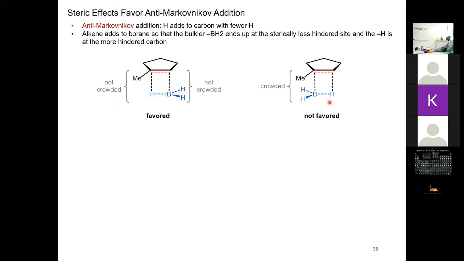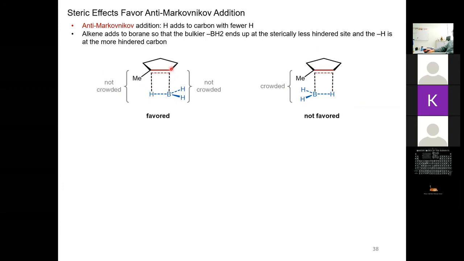If the boron is on the same side as the methyl, two big groups are on the same side, and this is really crowded, but this is not. Because of this concerted mechanism, and because the methyl needs to be far away from the borane to avoid the crowded situation, the B will end up on the less crowded side.